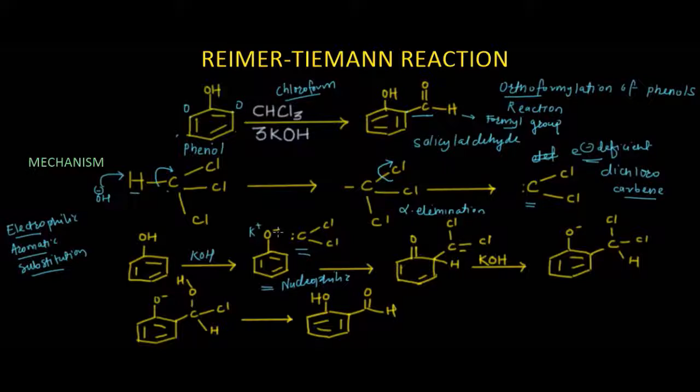So what will happen? The phenoxide, the formal negative charge on oxygen, will delocalize like this, so that there is a formation of pi bond, and this pi bond over here will be used for the formation of sigma bond between this carbon and this carbon, so that we get this sigma complex.